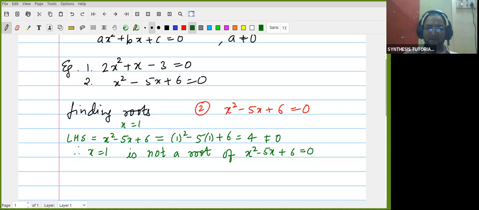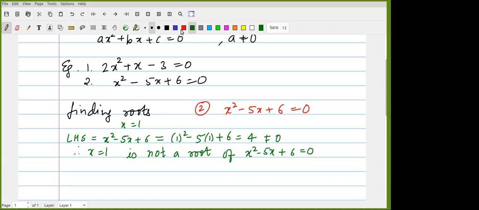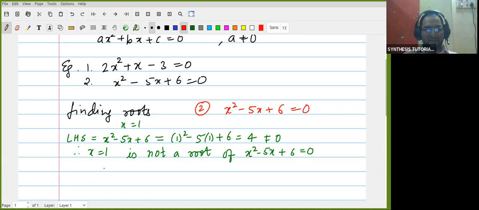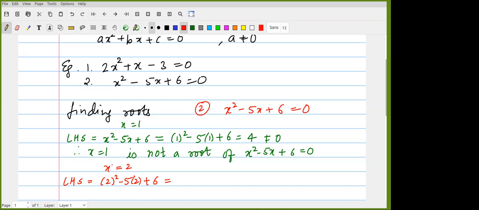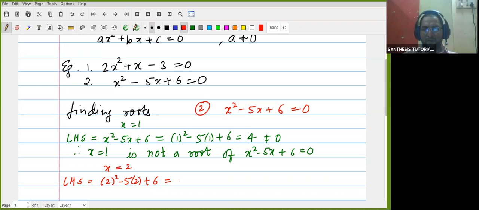Fine. Now let me say Aditya tells me, sir, why don't you try with x equals to 2? Let me plug in x equals to 2. This will be 2 square minus 5 into 2 plus 6. What is the square of 2? 4. 5 2s are 10, plus 6.